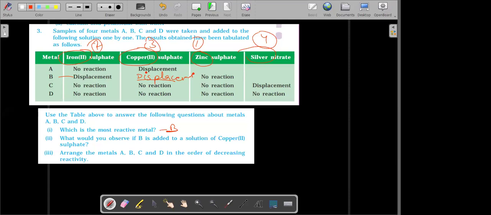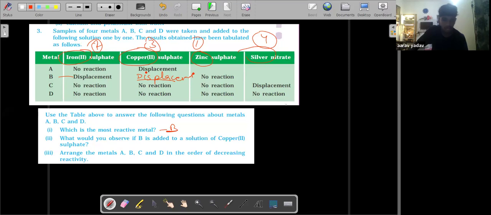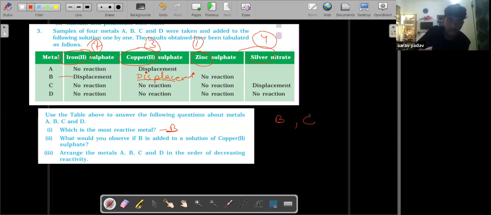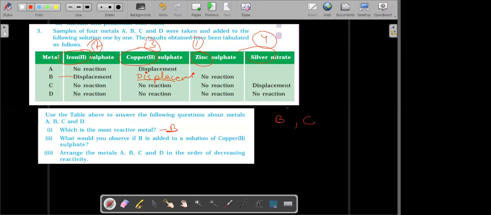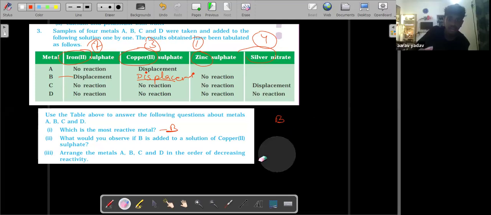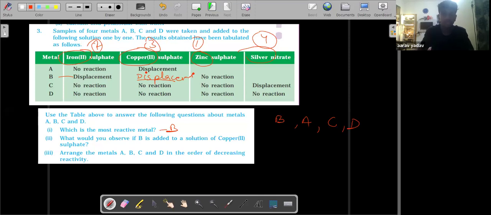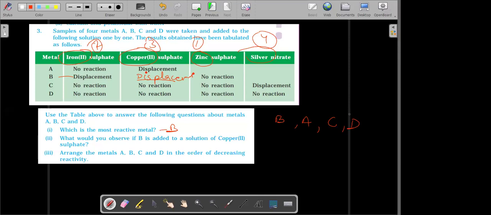After B, A, and then C, then D. Yes, so after B, it is A. Then we have C and then D. Is it the correct order? Yes, this is the correct order.